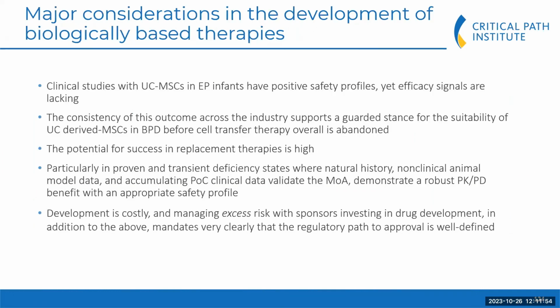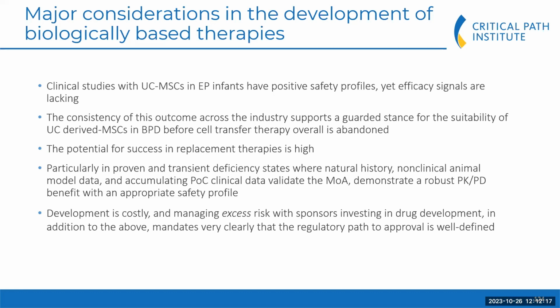So what are our considerations here? Well, clinical studies with umbilical cord derived mesenchymal stem cells or extracellular vesicles, which I haven't really mentioned, the data have not been reassuring. In fact, it's one of the most common terms when you look at the clinical trials registry overall.